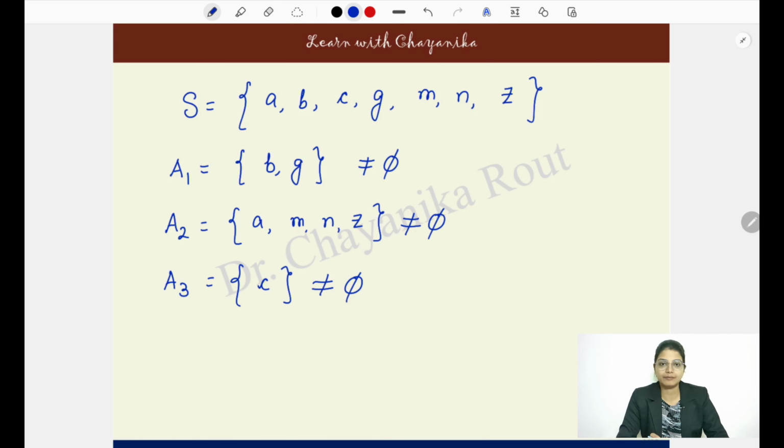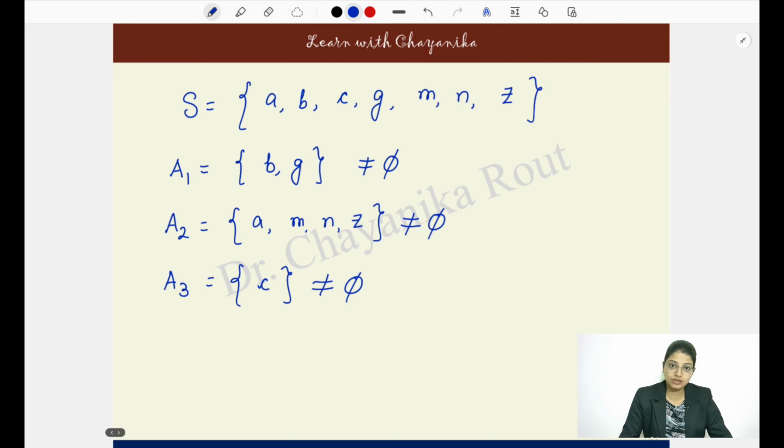So none is an empty set. And if we take any two subsets among these three, suppose A1, A2 or A2, A3 or A1, A3, we will find those subsets are mutually disjoint sets. They do not have any common element between them. Another important thing is, if we take the union of these three subsets all together, we will see we are getting the whole set S.